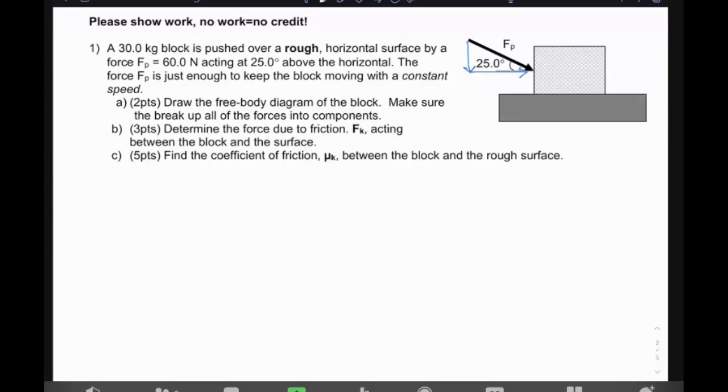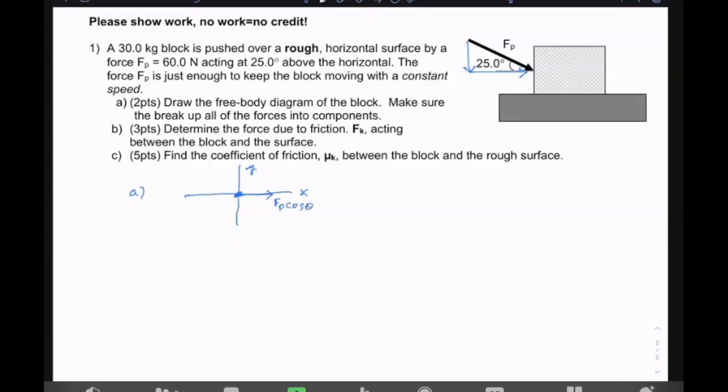So when we draw the free body diagram, here's the x direction, here's the y direction, and here is the block. And it has the positive x component of F sub p, which is F sub p cosine theta.